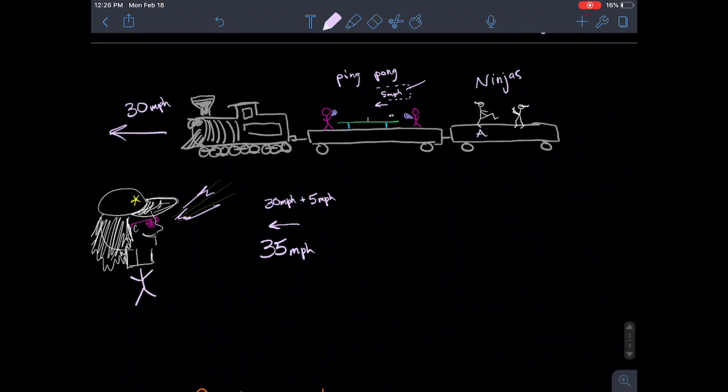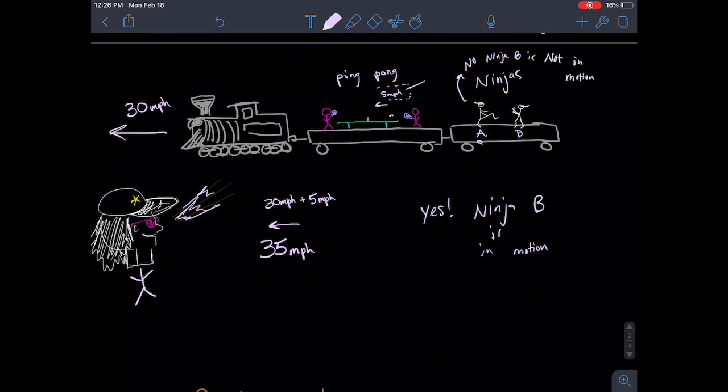Ninja A is trying to kick Ninja B, and Ninja B is not moving in relation to Ninja A. But if you were to ask our observer over here, Mr. Star Hat homie, if Ninja B was moving, he would say, yes, of course, Ninja B is in motion. If you asked Ninja A, though, no, Ninja B is not in motion.